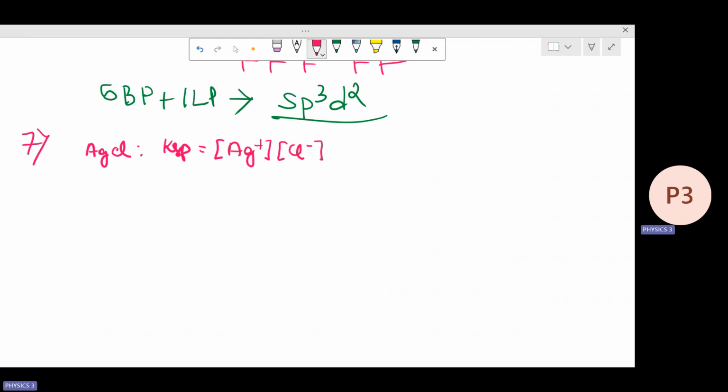Similarly, MgCl2 will have the Ksp of Mg2+ and Cl-.